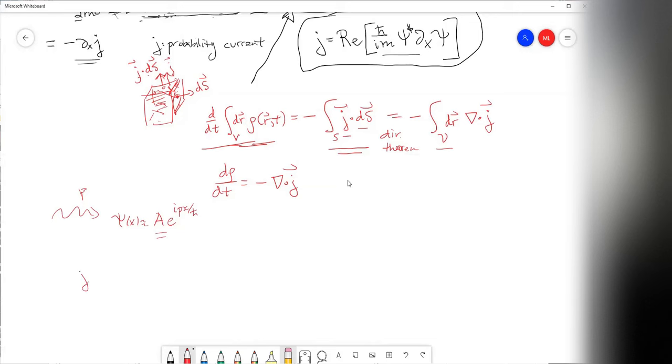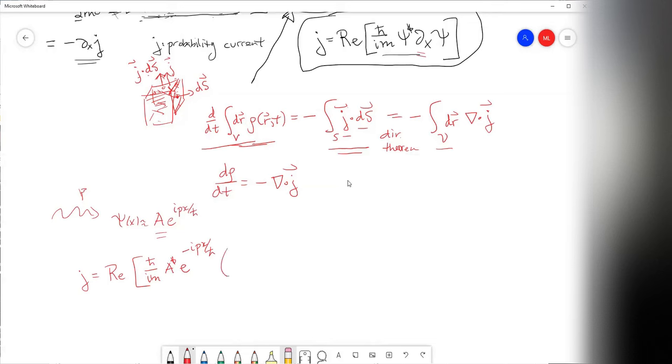We can use this to calculate J, which is the real part of h bar over im. We have a star e to the minus ipx over h bar. Then you have the derivative with respect to x.